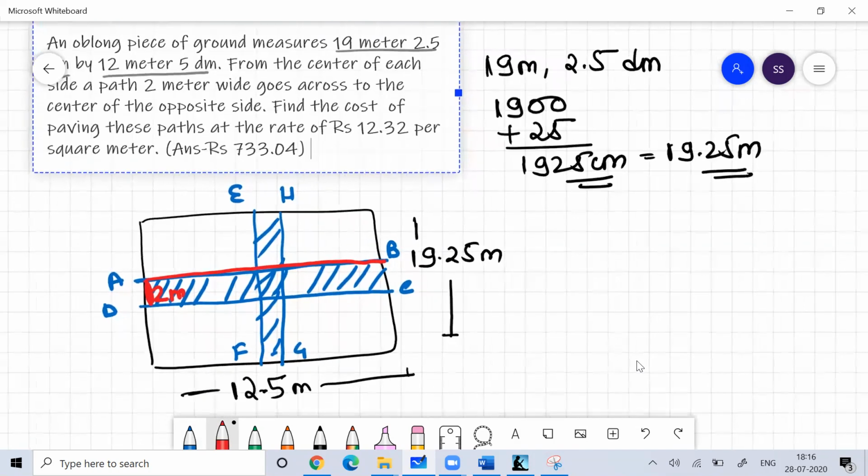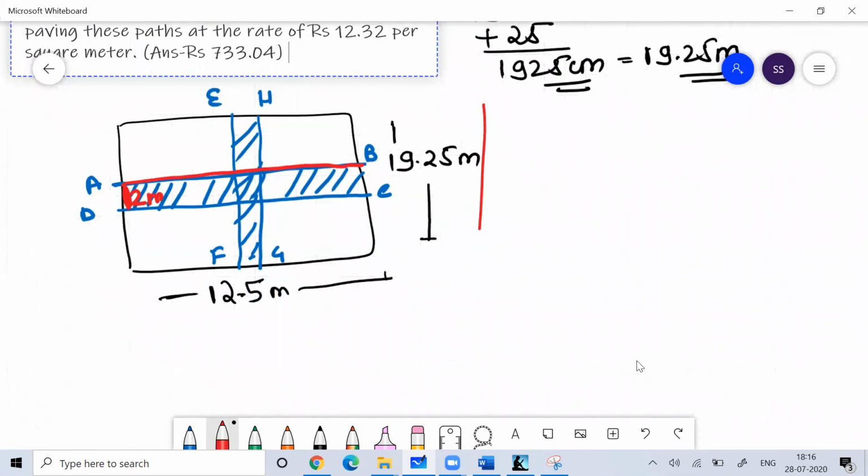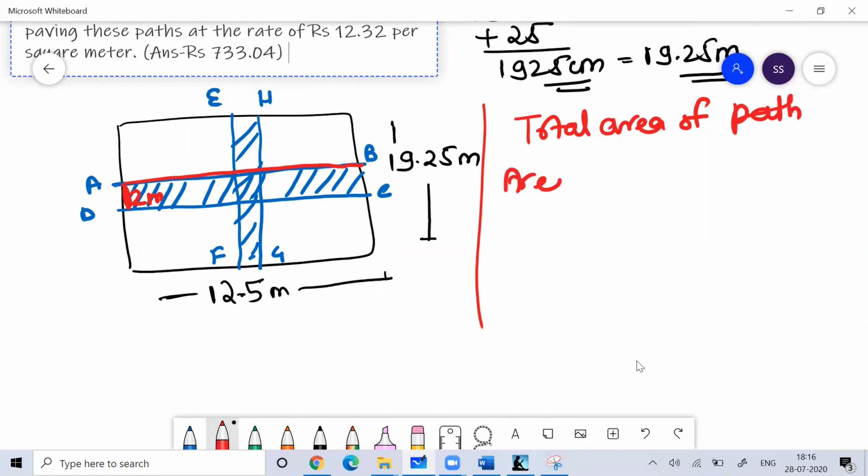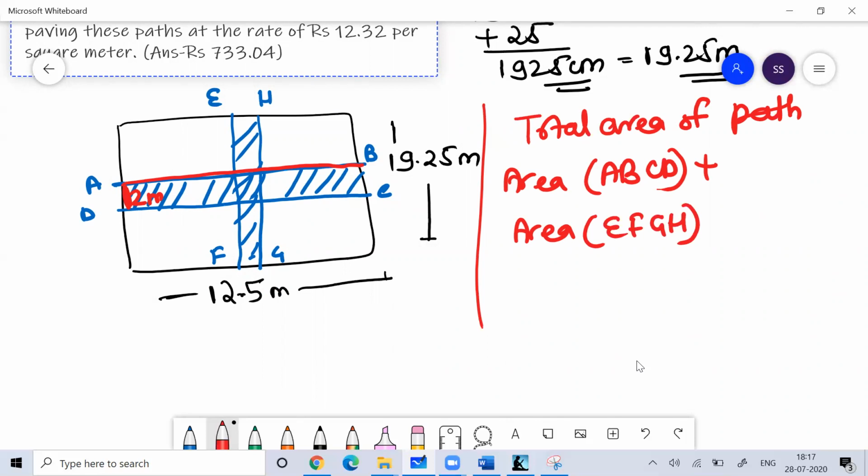Find the cost of paving the path. They given you something. So what is the total area of the path? That is nothing but the area of ABCD plus the area of EFGH, and then when you do this, this gets doubled.